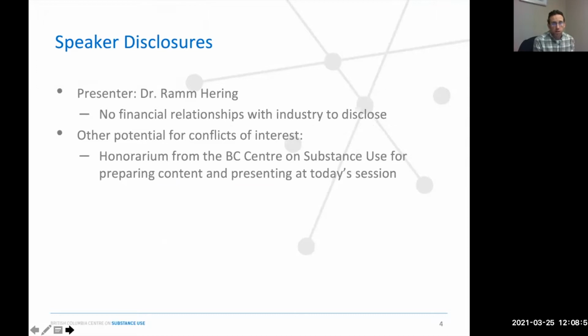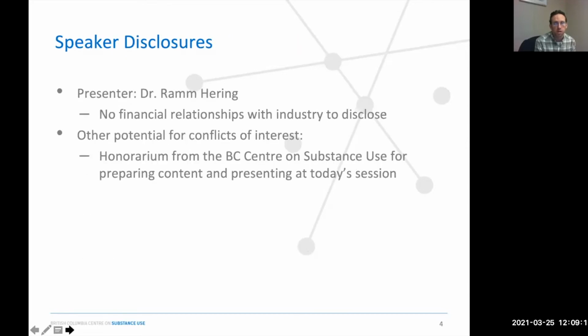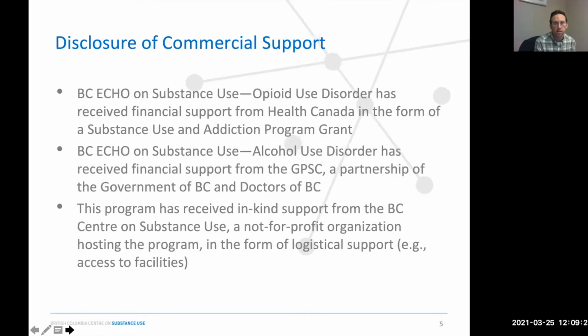So I have no financial disclosures, no ties with industry or the Suboxone manufacturer. I'll try and just say buprenorphine, not Suboxone, but sometimes I may slip up. I get a small honorarium from the BCCSU and get paid through the health authority and fee for service for clinical work. But that's it. No disclosure of commercial support.